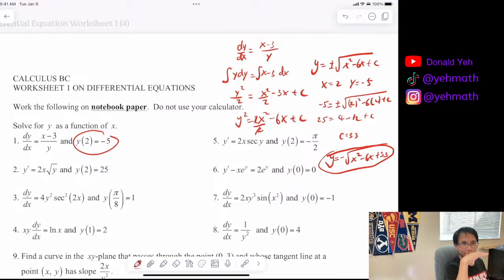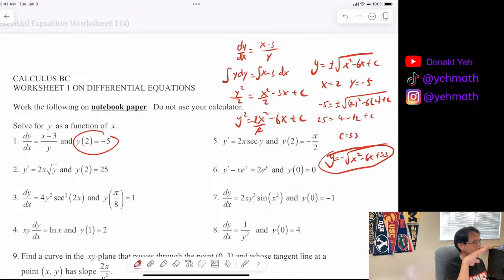Number 3 is kind of hard because sometimes when finding the value of c, you need to be able to maneuver. But number 6, that's kind of tricky. You gotta be careful at number 6 because you might have to deal with some factoring.